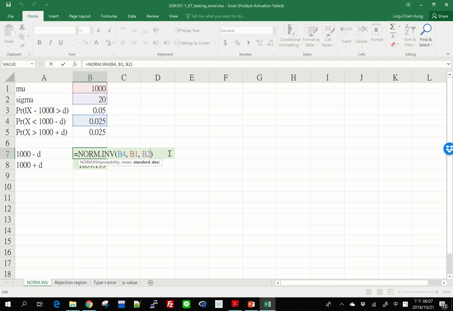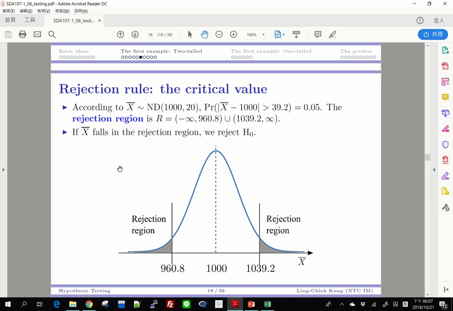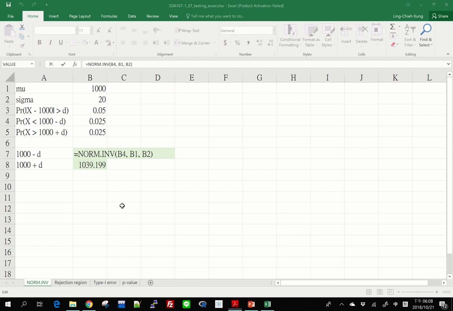So in this particular case, we just need to enter these three numbers, right? Because this is the mean, this is the standard deviation, and this 2.5% is that particular left tail probability that we are looking at. So that's why this is 960.8.